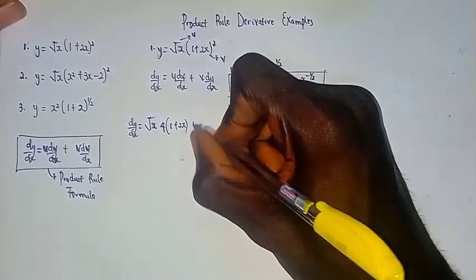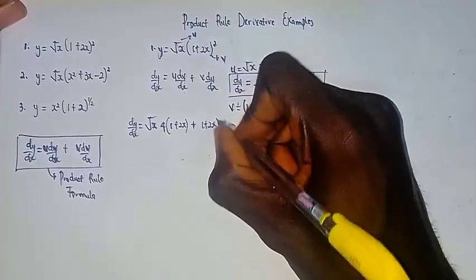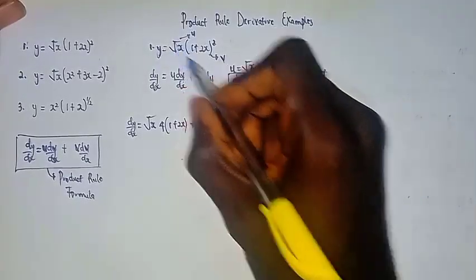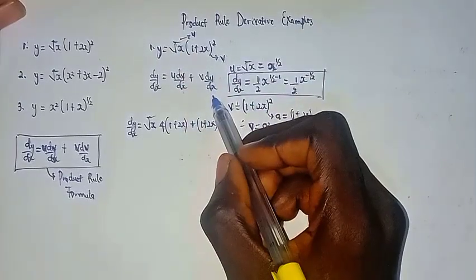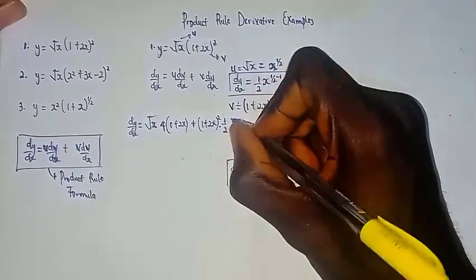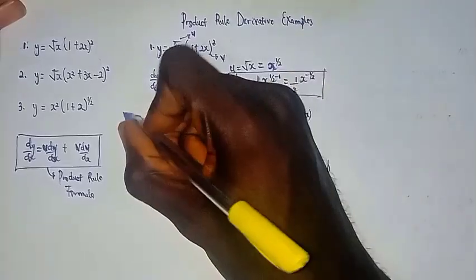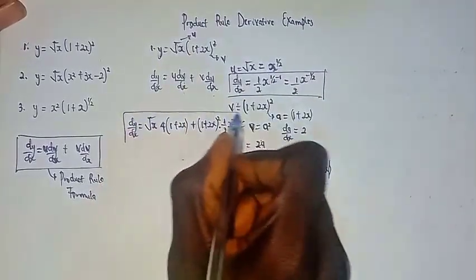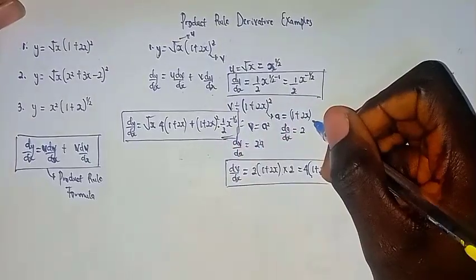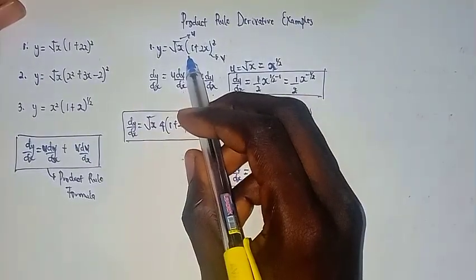And then plus v, our v is (1 plus 2x) squared, multiplied by our du over dx, which is 1 over 2 x raised to the power of half. So this becomes our dy over dx of this first question.